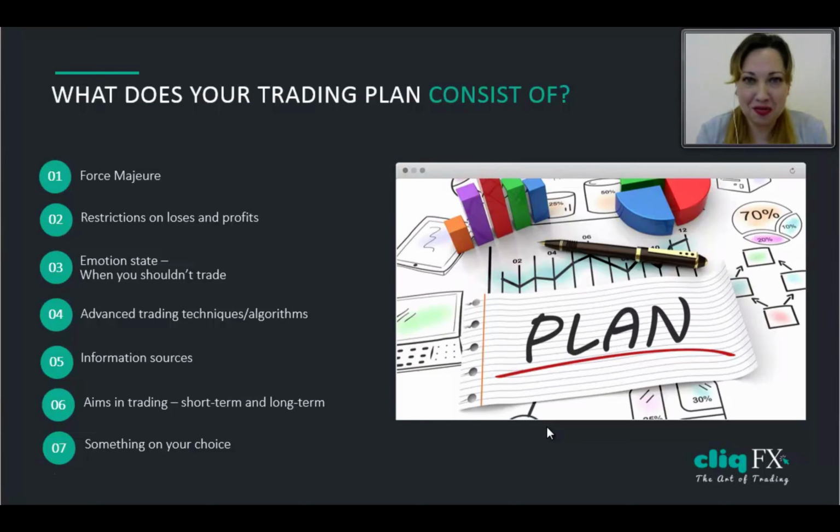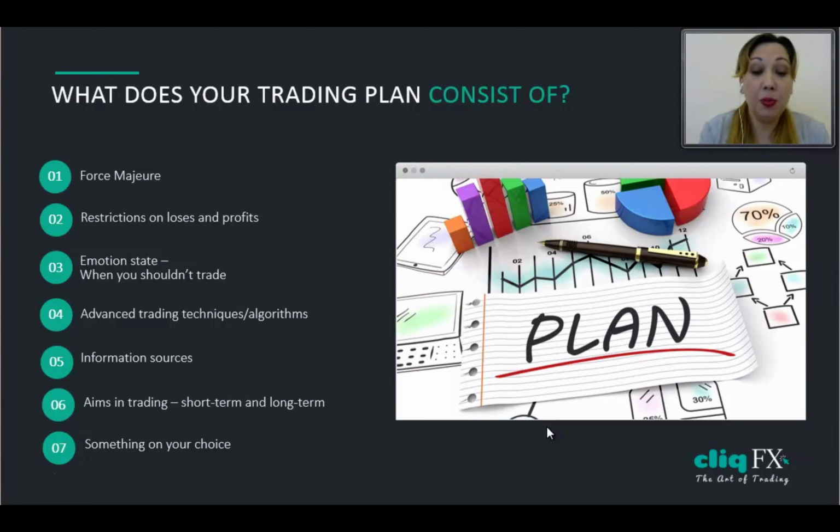They're absolutely different things. Most often, the trading plan includes a lot of unnecessary things, and it is confusing. And it turns out that it seems to be a trading plan, but we don't have much use of it. So, what does a good trading plan consist of?